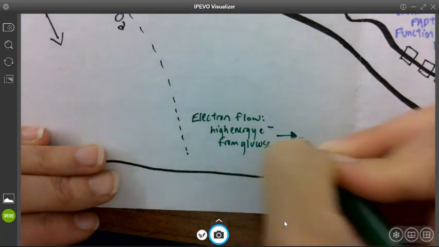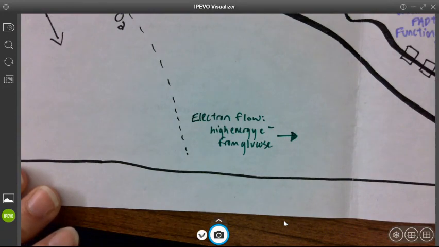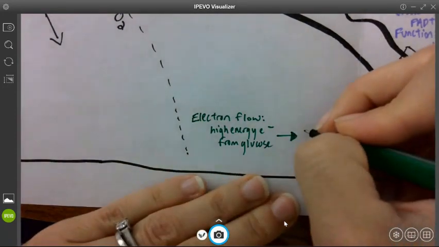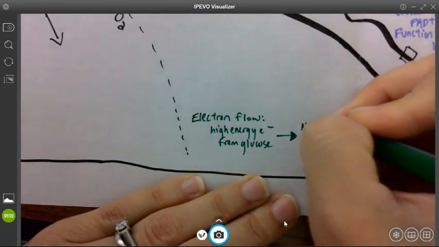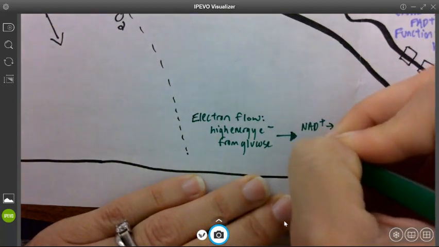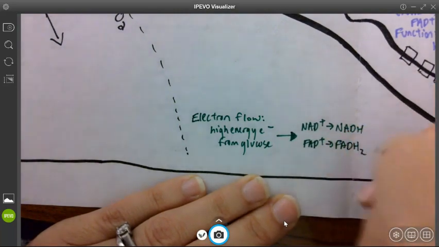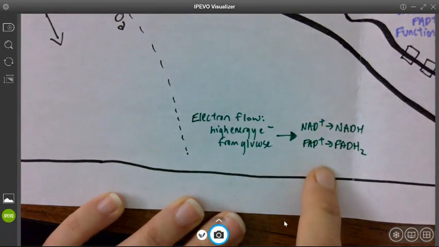And really, that's the point of glycolysis, the oxidation of pyruvate, and the Krebs cycle, is to transfer those to electron carriers so that we go from NAD plus to NADH, FAD plus to FADH2. So we're transferring these electrons to electron carriers.